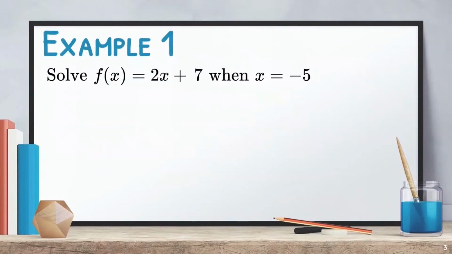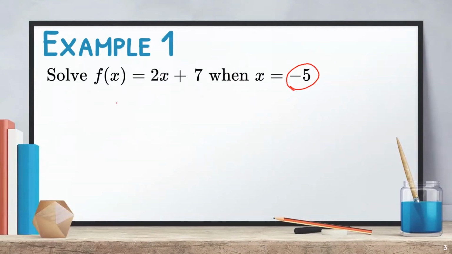Let us take a look at this example. Solve for f of x equals 2x plus 7 when x is equal to -5. To evaluate this function, we just need to substitute -5 into the given function.